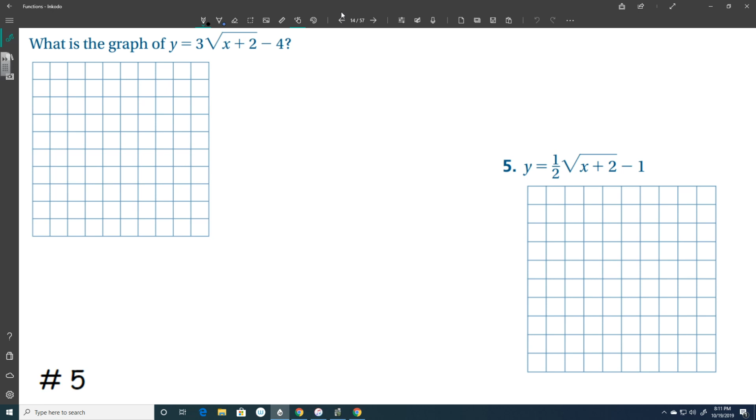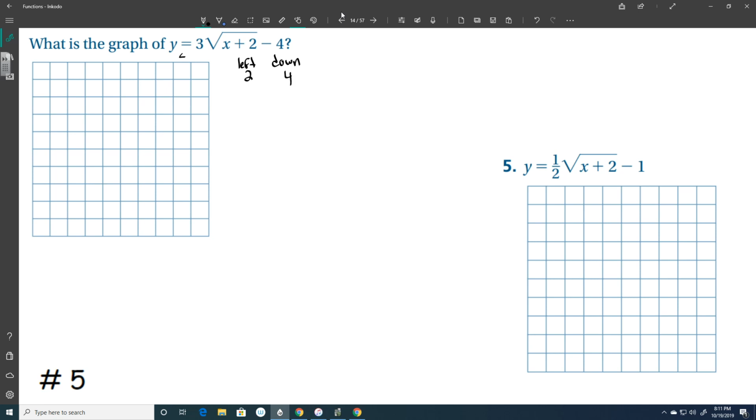Multiple things at once. So those graphs weren't too bad because only one thing was happening. In this case, what's the graph of y equals 3 multiplied by the root of x plus 2 minus 4? Well, this plus 2 shifts me to the left 2. This minus 4 shifts me down 4.